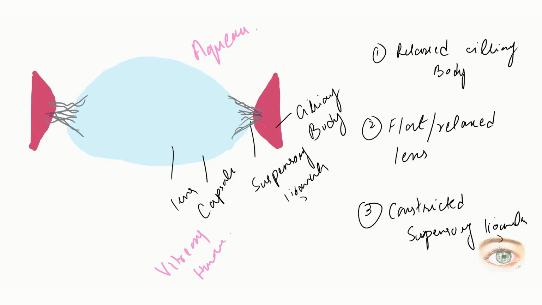So now we have understood how accommodation occurs. Let's think about why it is important. Why is our eye putting in so much effort? Why does it need to increase its power?